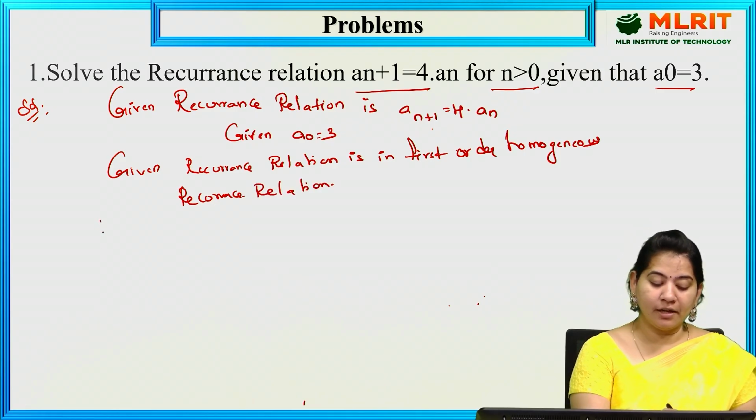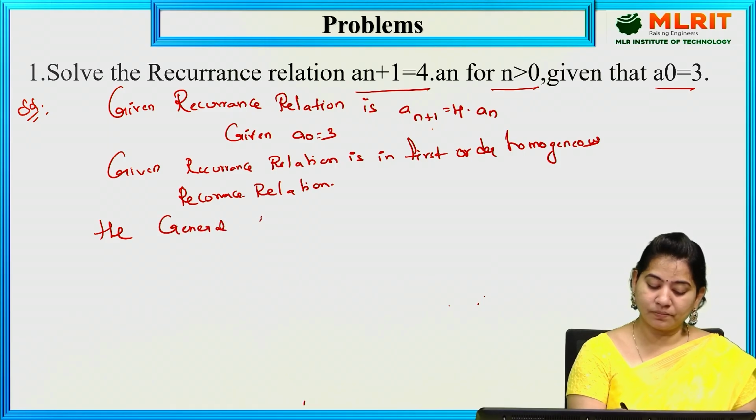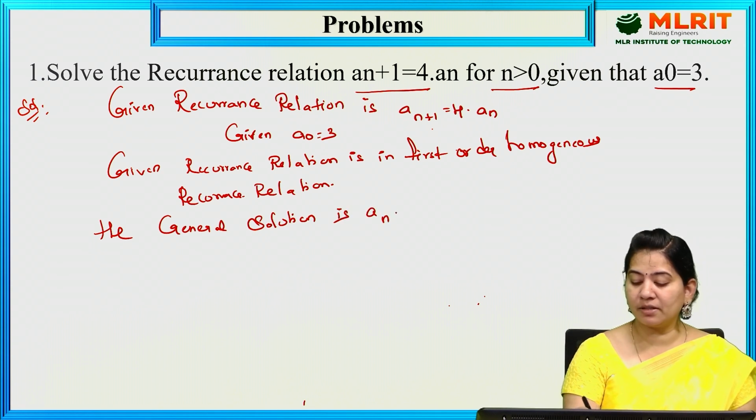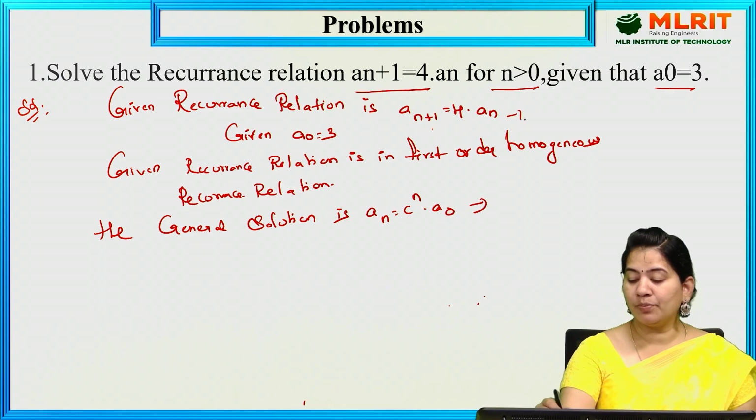So the general solution for this first order homogeneous recurrence relation is a_n = c^n * a_0. Let us suppose this is equation 1 and this is equation 2.